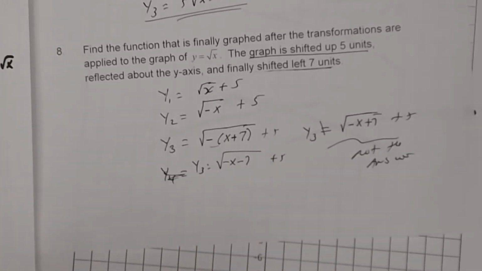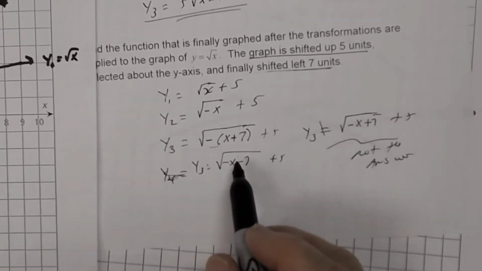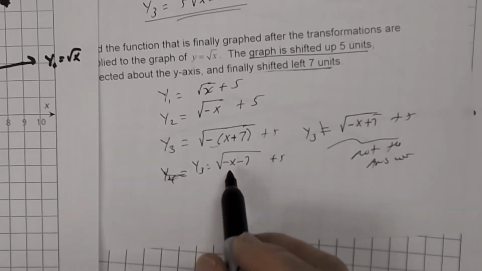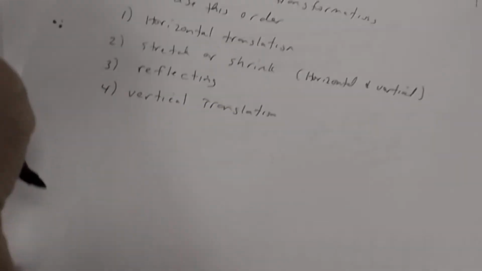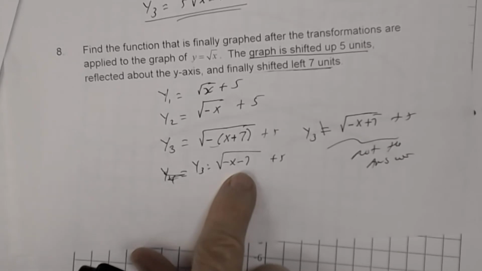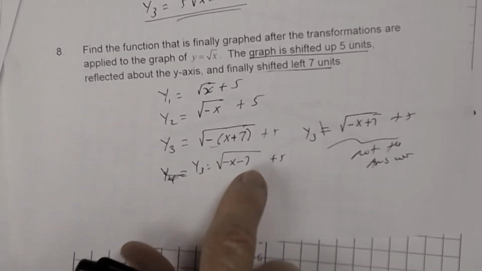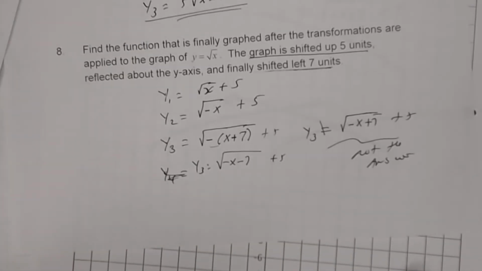All right, let's look at the order. Listen carefully to this. According to our rule, whenever a symbolic representation is given, I have to do the horizontal translation first. So according to this, I'm going to take the square root of x and shift it to the right 7 units.